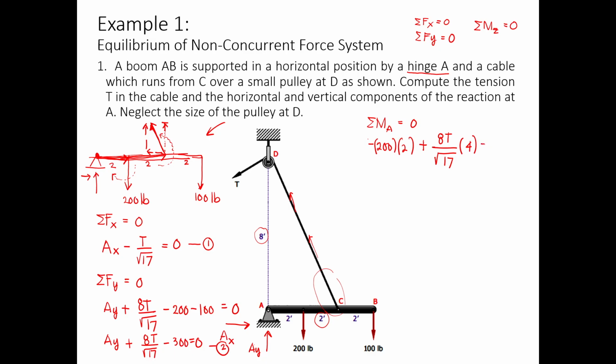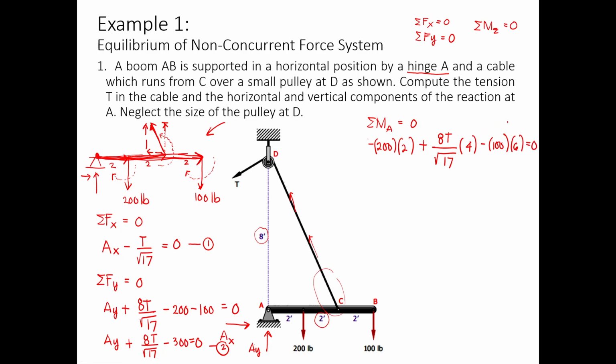And then lastly minus, going towards the last weight, that will be 100 multiplied by the distance of 6. Again, if you push the distance against the tail of the force, it will create a clockwise rotation. So this will give you negative moment. So this is negative 100 times 6 equals 0.